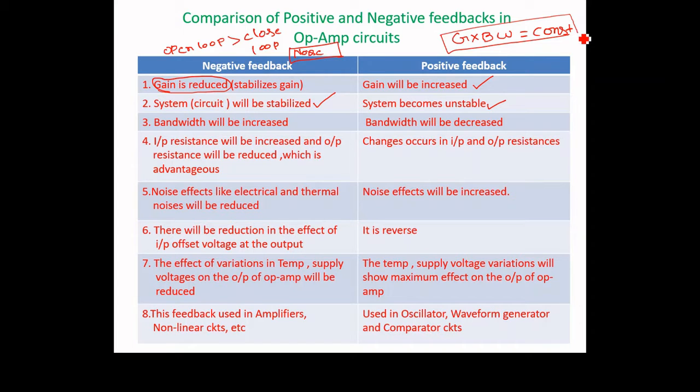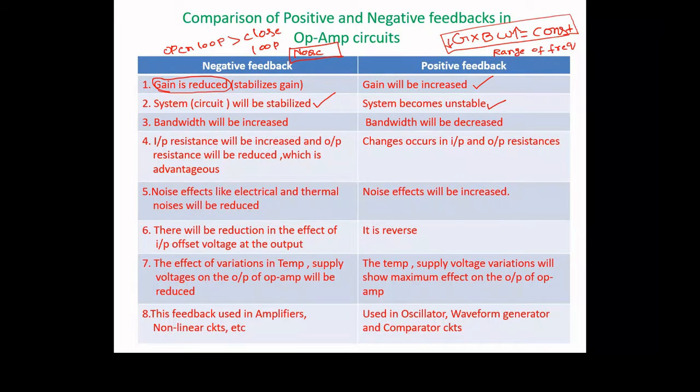So you see in negative feedback, the gain is reduced. In order to keep the gain bandwidth product constant, the bandwidth will get improved. Bandwidth is nothing but the range of frequencies over which you can operate the device.